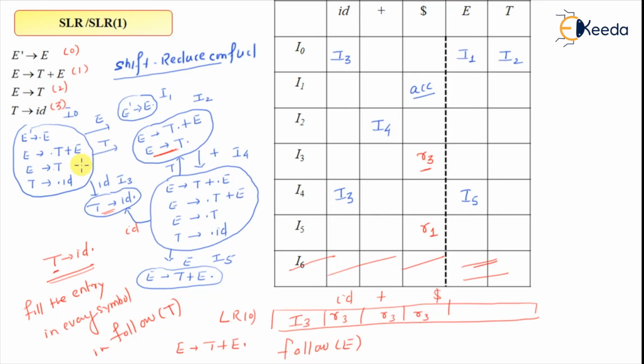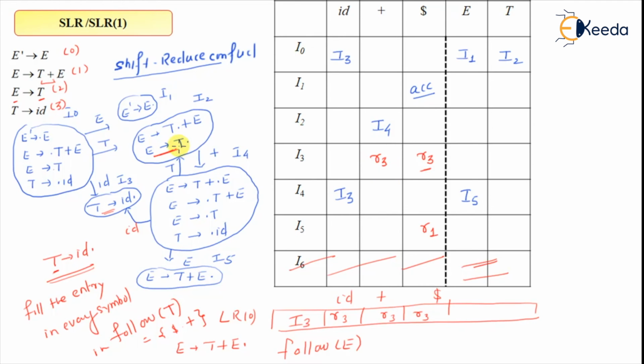Follow of T is Follow of E from here, and also Follow of T includes plus, I'm sorry for this. It is T derives ID, so Follow of T has two symbols: one is dollar and the other is plus. So not only in the dollar column, in the plus column also I will write R3 for I3. Calculation mistake, sorry.